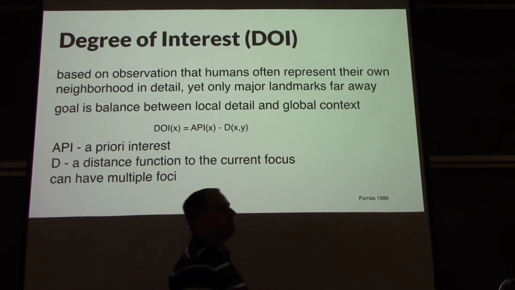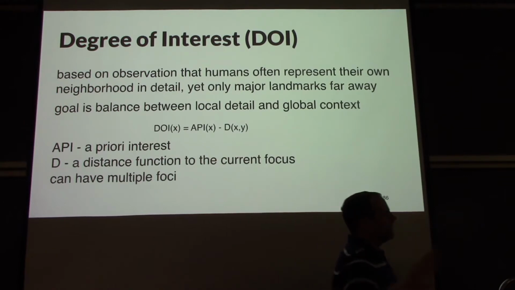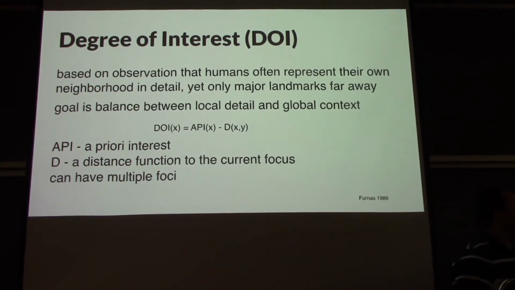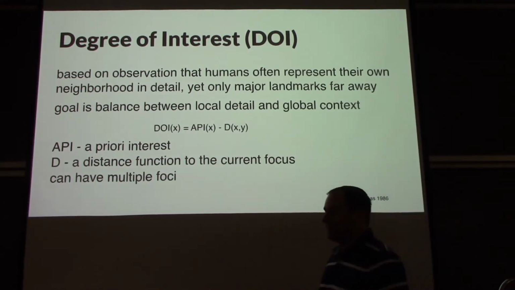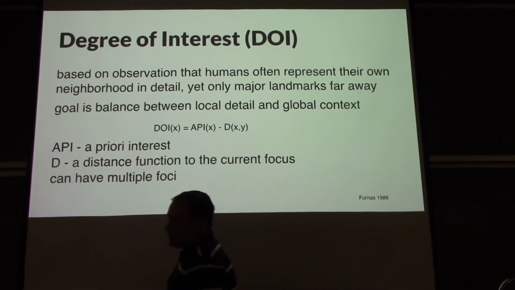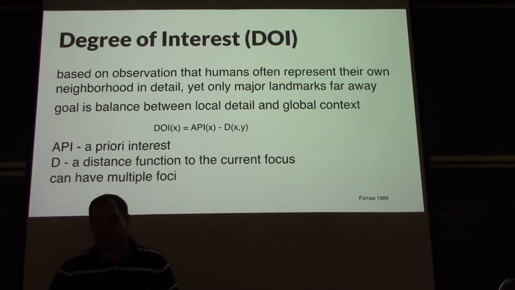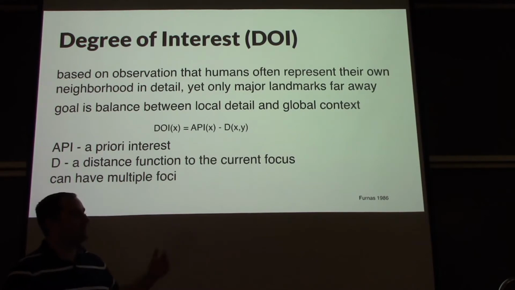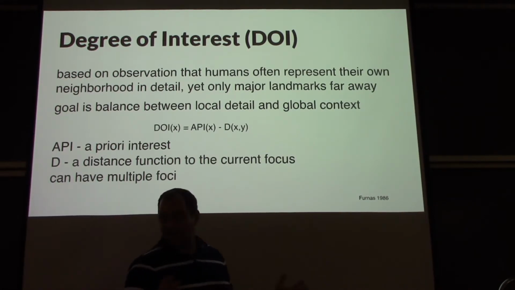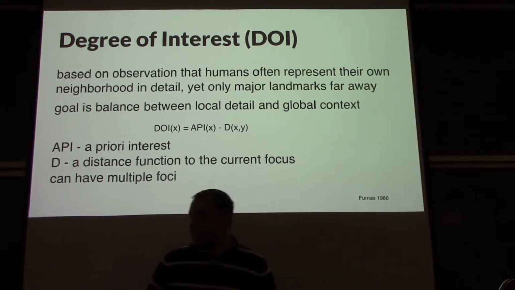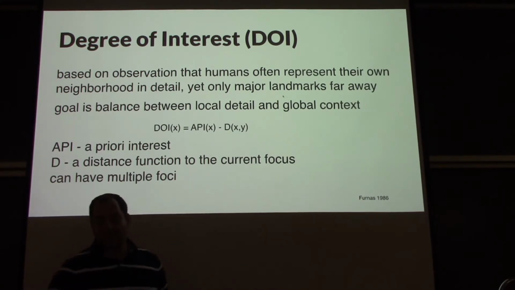So with cities, generally there's this a priori interest of mega cities around the world, and then there is what is my current selection, my current interest, my current focus. If it is Salt Lake City, then maybe the cities surrounding that should be the most important.